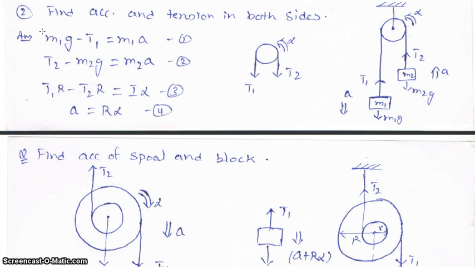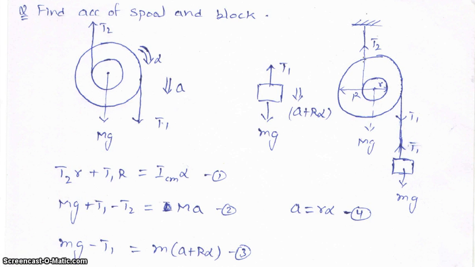The next example is also very important, in which a spool with inner radius small r and outermost radius capital R is tied with a block and released from rest. Let the acceleration of the center of the spool be a, and it rotates with angular acceleration alpha.